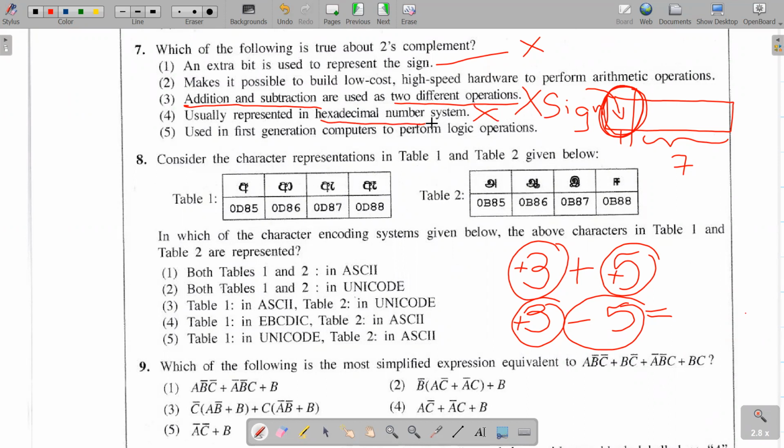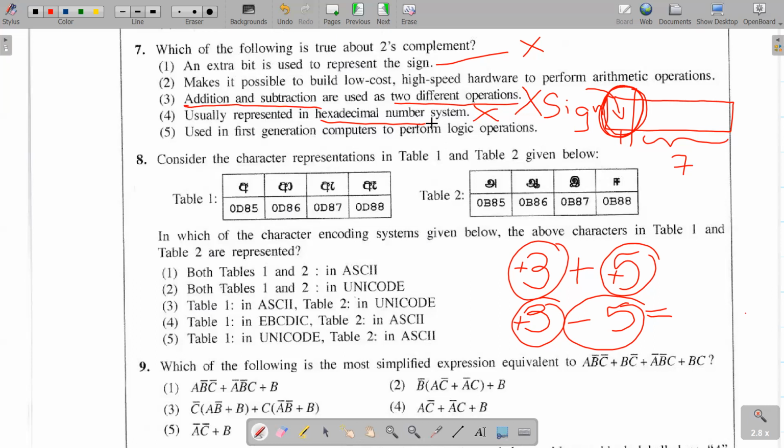Used in first generation computers to perform logic operations. First generation computers, they took ones and zeros, right? So when they took ones and zeros, they don't need to go into these types of operations, right?